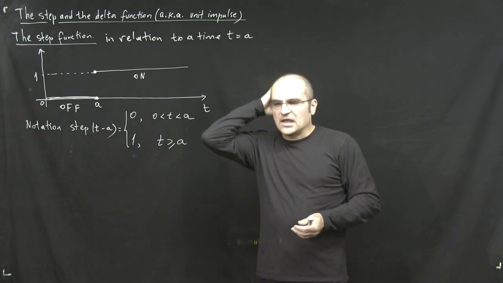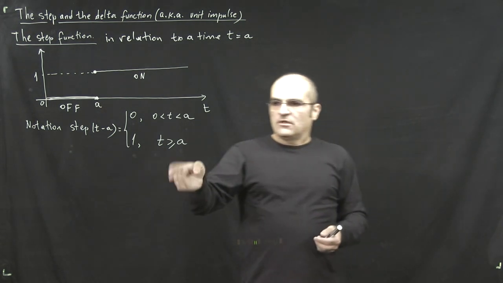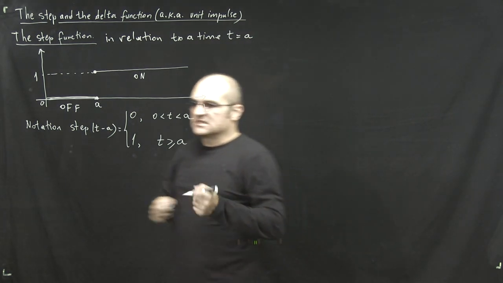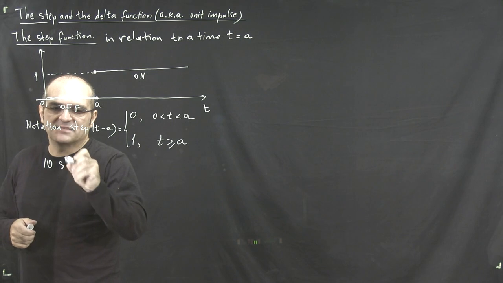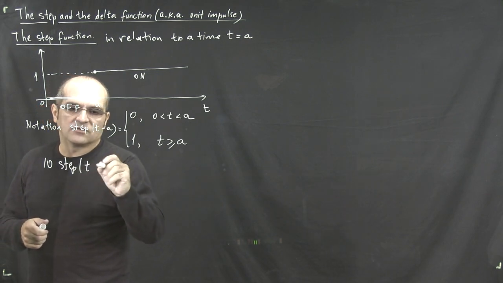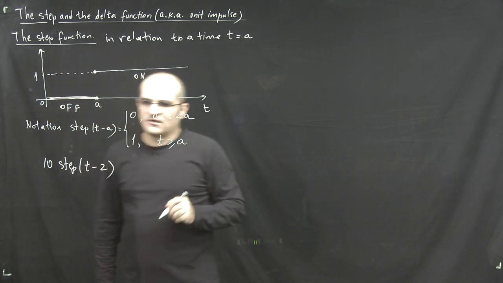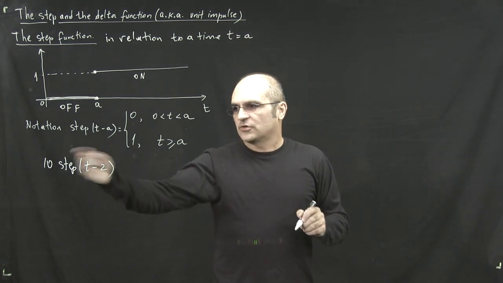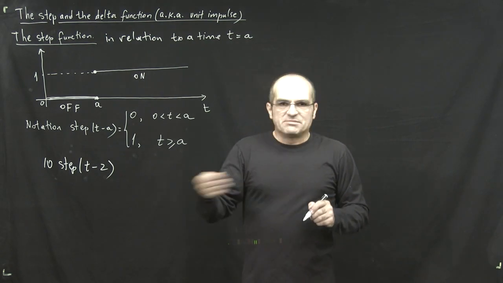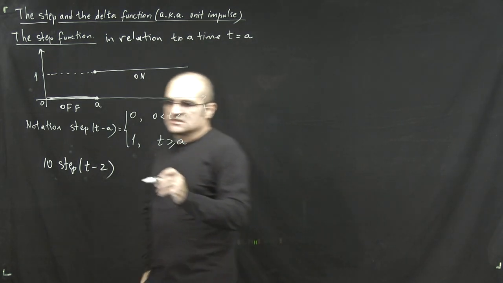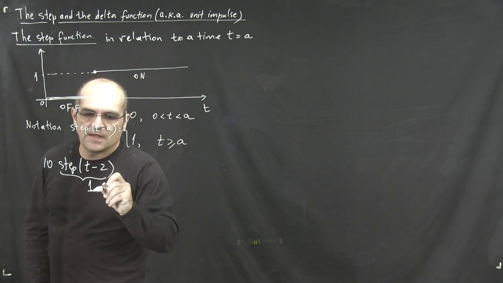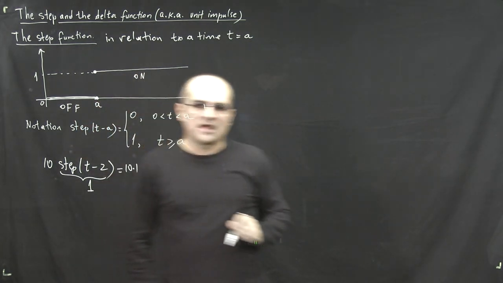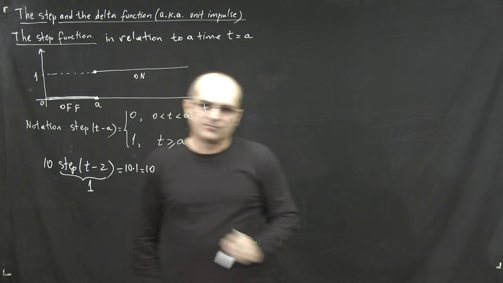So for example, let's say I want the output of that function to be 10 once time is equal to 2. Then you simply multiply the step function by 10, writing 10 times step t minus 2, because the step function always returns 1, and you can make it return whatever value you want by multiplying that value with the step function.